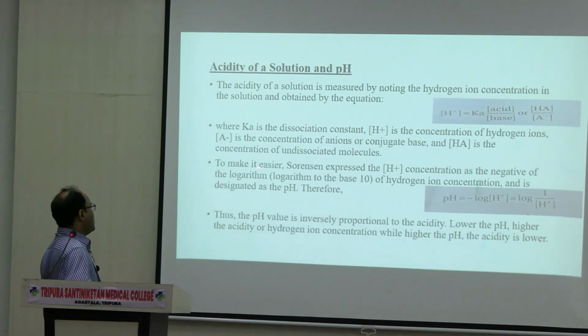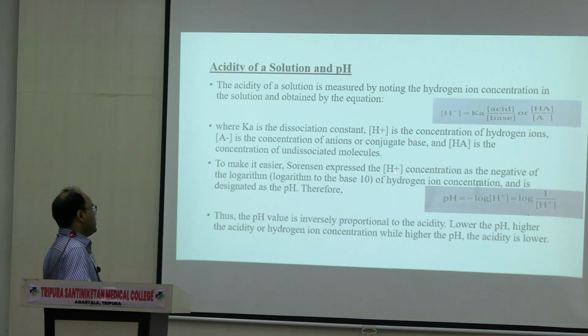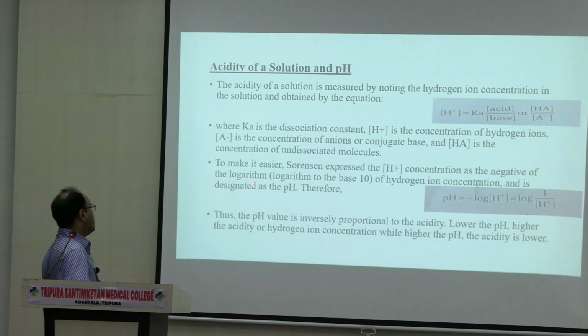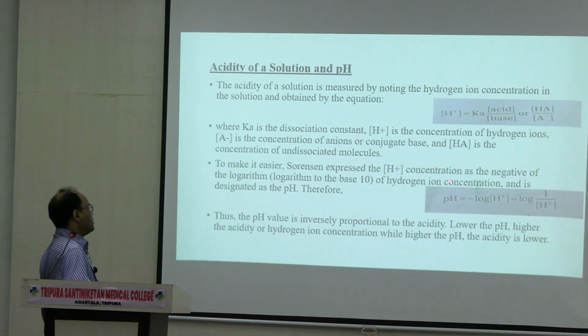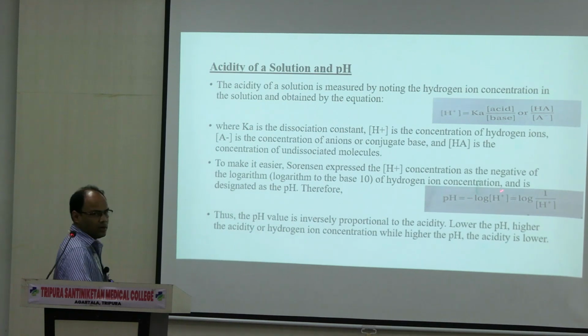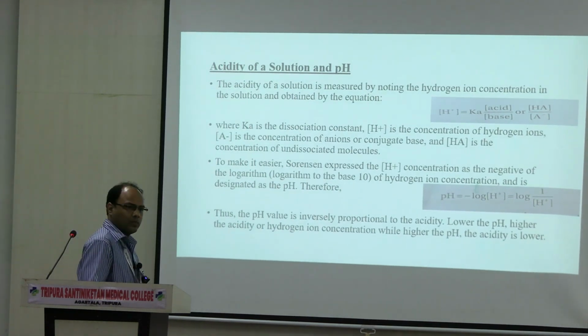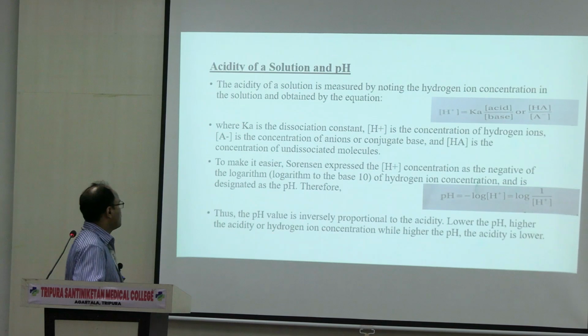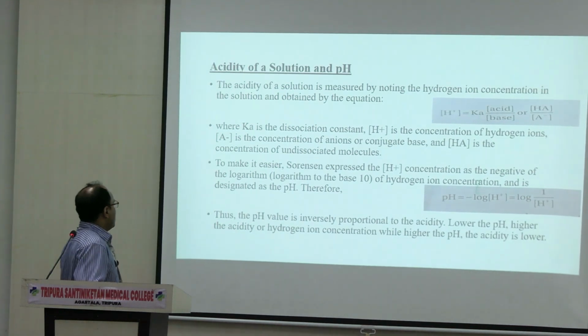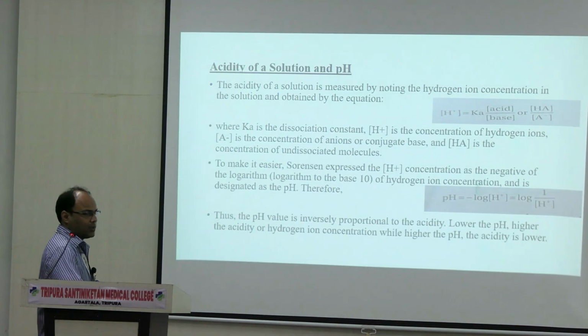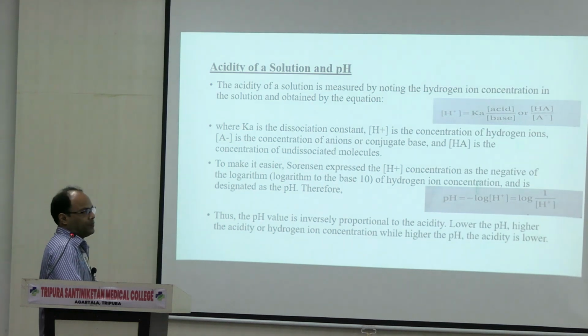Okay. To make it easier, the solution expresses H plus concentration as the negative of logarithm, base 10, of hydrogen concentration, and designates it as pH. pH is the negative logarithm of hydrogen ion concentration. Okay. pH value is inversely proportional to acidity.